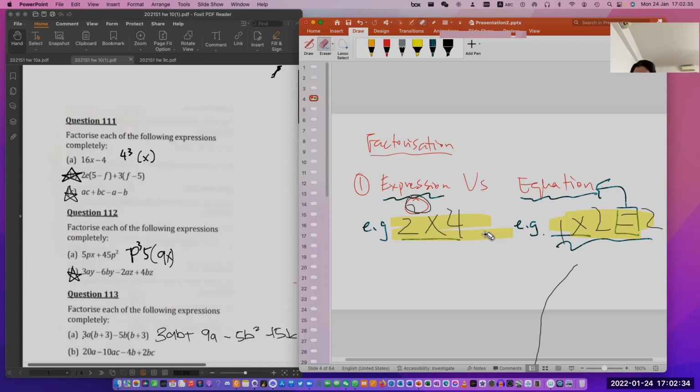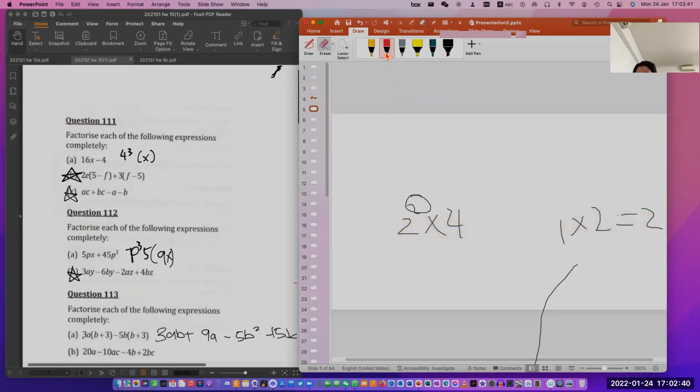So let me just explain to you the difference between an expression and an equation. Okay, let's talk about what's an equation. For you to have an equation, it's very clear cut. You need to have an equal sign. As long as you have an equal sign, you can call that an equation.